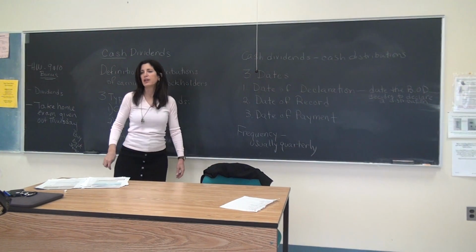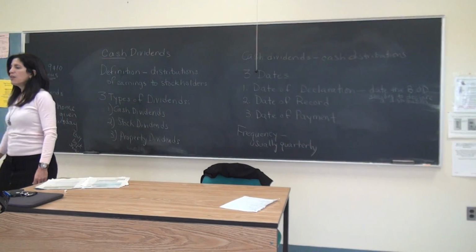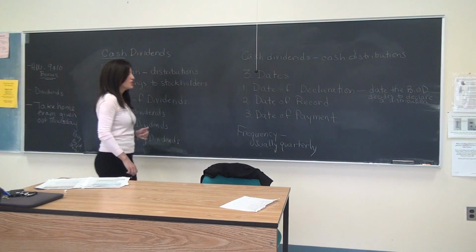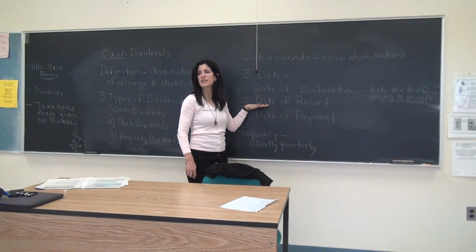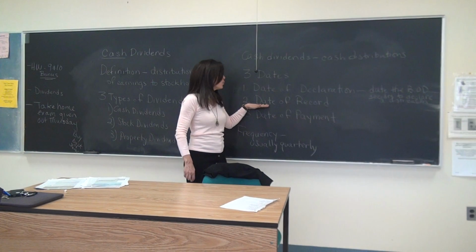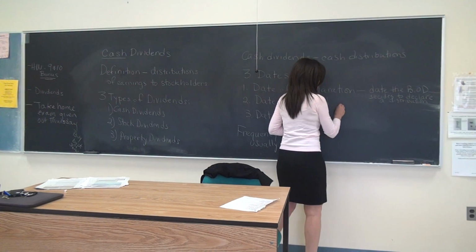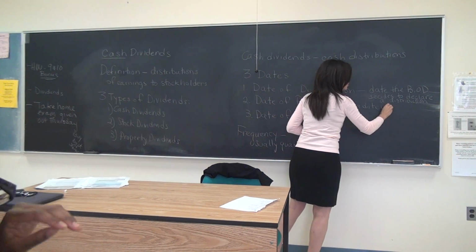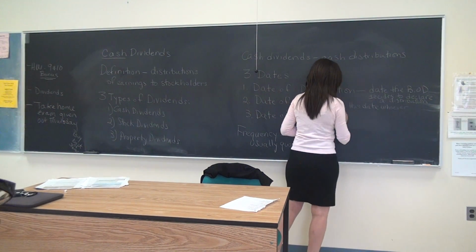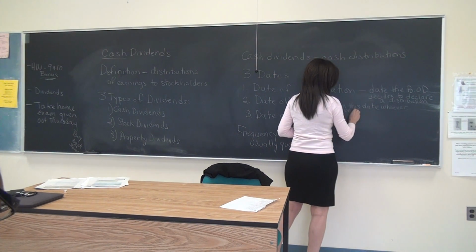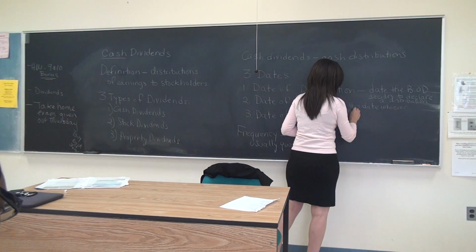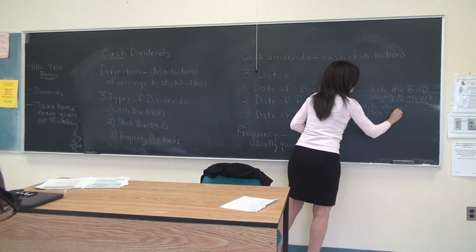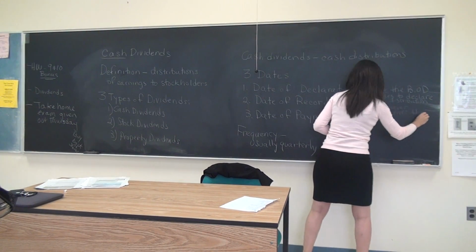The date of record is the date that the shareholder who owns the stock receives the dividend. So on this date, whoever owns the stock receives the dividend. Why do I say that?